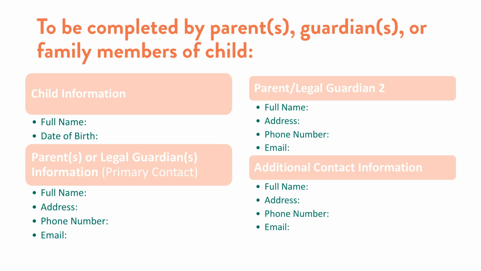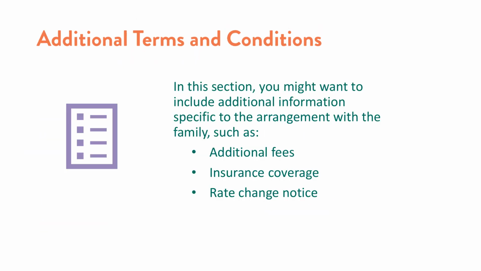Both parents or legal guardians' information, as well as any additional contacts' information, including full name, address, phone number, and email. In this section, you may want to include additional information specific to the arrangement with the family. Such information could include additional fees, insurance coverage, rate change notice, etc.